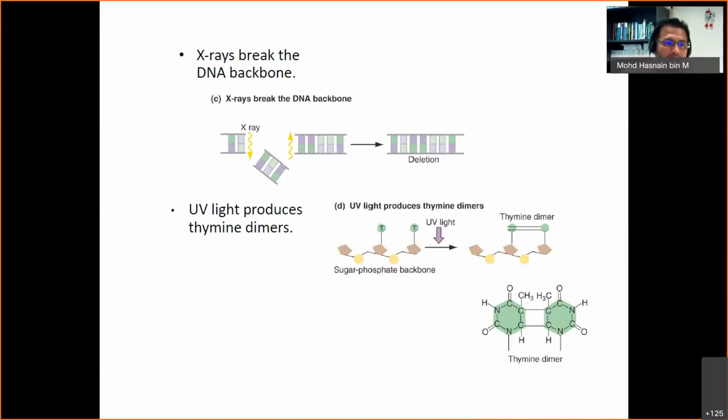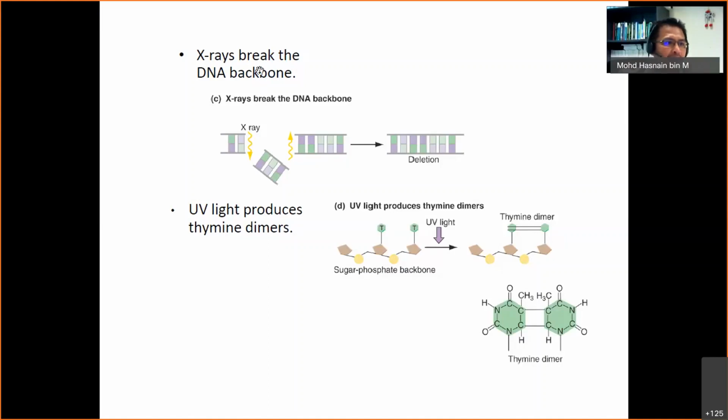But here we are discussing a mutation that can be passed to the next generation. Okay, mutation can occur during transcription as well. All right, but over here we are talking about mutation that is passed from one generation to the next.